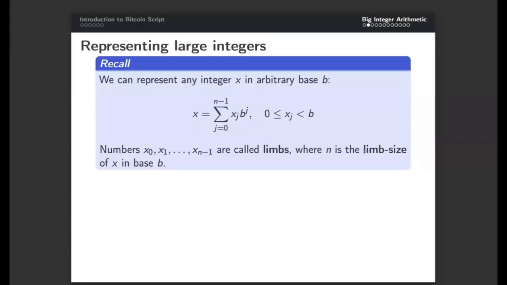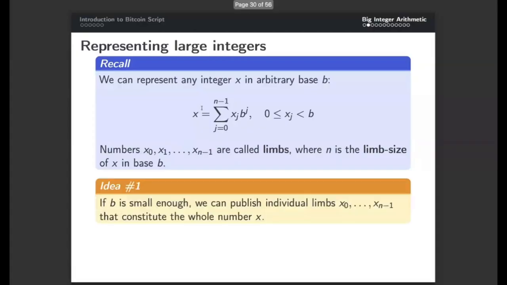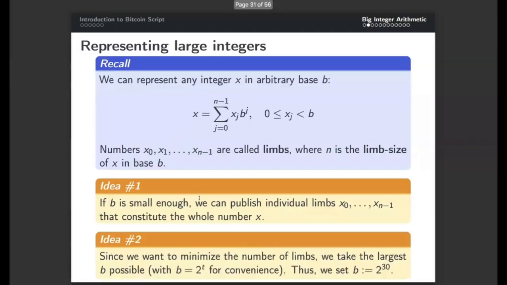And the number of limbs is just basically the limb size of x in base b. So yeah, if we choose b to be small enough, so in our particular case, less than a 32-bit integer, then we can publish individual limbs to represent the x. So instead of just pushing the whole integer into the stack, we're going to push individual limbs and then just somehow process them.